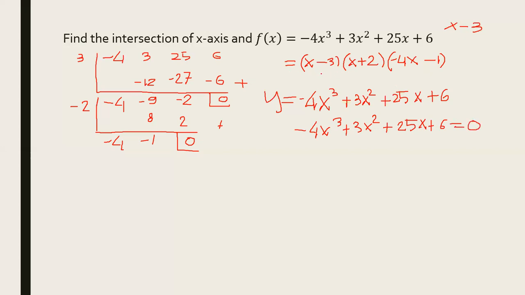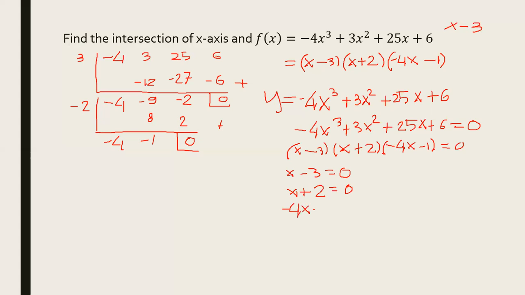Now it means if negative 4x cubed plus 3x squared plus 25x plus 6 equals 0, it means this factorization equals 0 as well: (x minus 3)(x plus 2)(negative 4x minus 1) equals 0. So 3 possibilities. x minus 3 equals 0, x plus 2 equals 0, and negative 4x minus 1 equals 0.